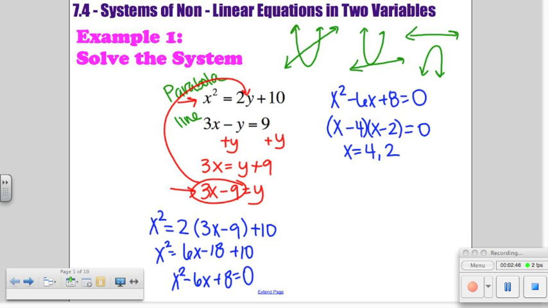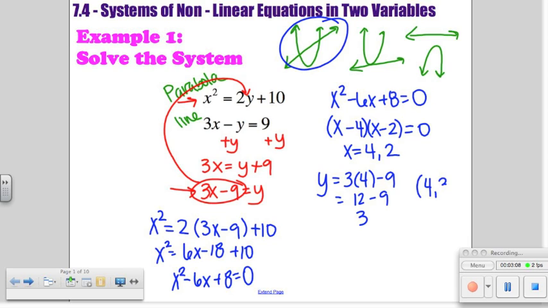I want the y value for each of those. So you can see this is like this first case here where it crosses twice. Now to get the y, I'm going to go back to my original y equals 3x minus 9 and plug in the 4 first. 12 minus 9 is 3. So we get 4, 3. And I'm going to do it again with the 2.